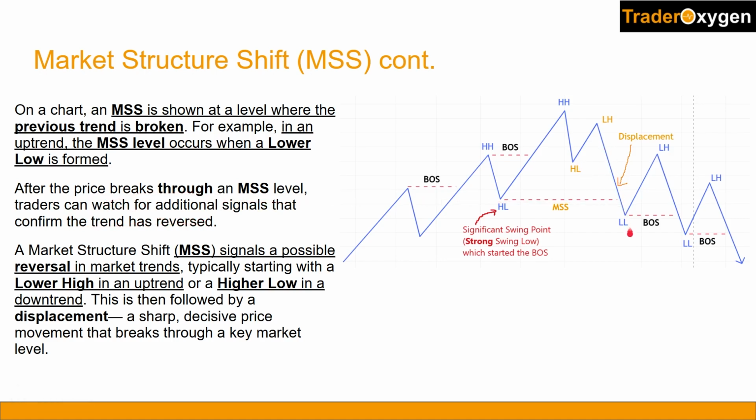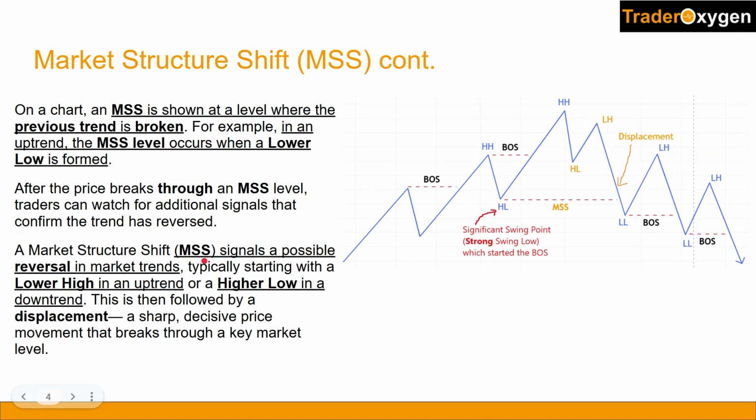So once it breaks with a displacement, then when the retracement happens, over here traders can take a sell entry. Why? Because it was in an uptrend. But now the trend has changed into a downtrend, so traders will start selling. So when this pullback happens, it's a pullback now because the trend has changed down. So it's a downtrend. Then over here, traders can look for a sell entry. Now that part we will be discussing in future lessons with live chart examples.